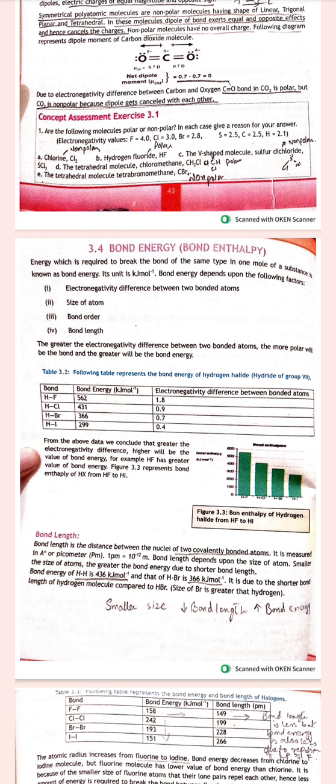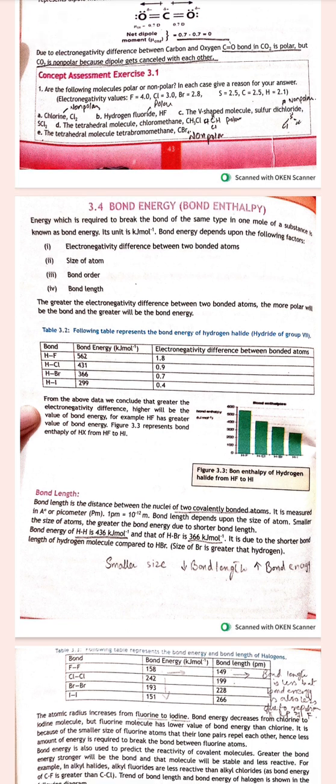The net dipole moment is 0.7 minus 0.7, which is equal to 0. Due to the electronegativity difference between carbon and oxygen, the C=O bond in CO2 is polar, but CO2 is non-polar because the dipoles cancel each other. So C=O is polar, but the overall molecule, CO2, is non-polar in nature.